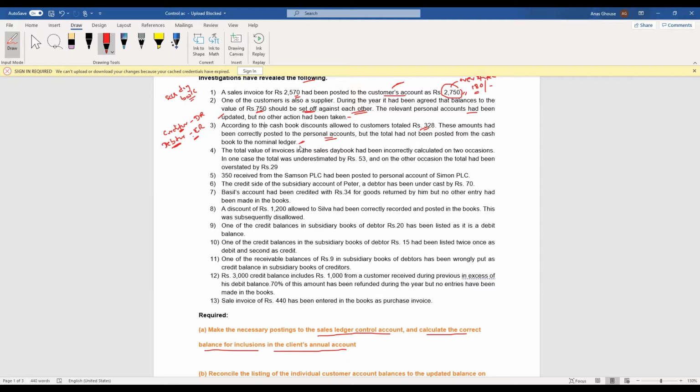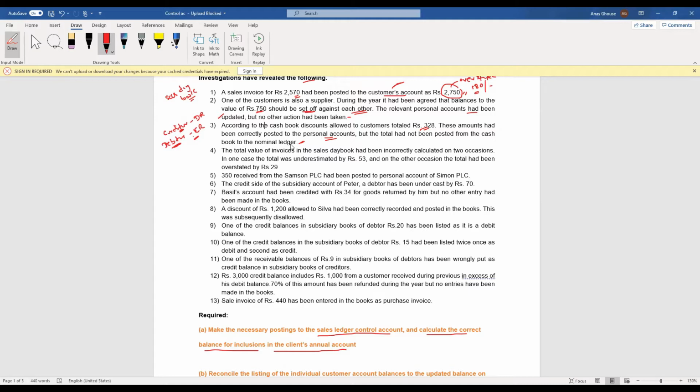When you receive money from customers, you have to credit their account. And if discounts are allowed, we need to credit the customer account too. So the correct entry should be to debit the discount allowed account and credit the customer's account.